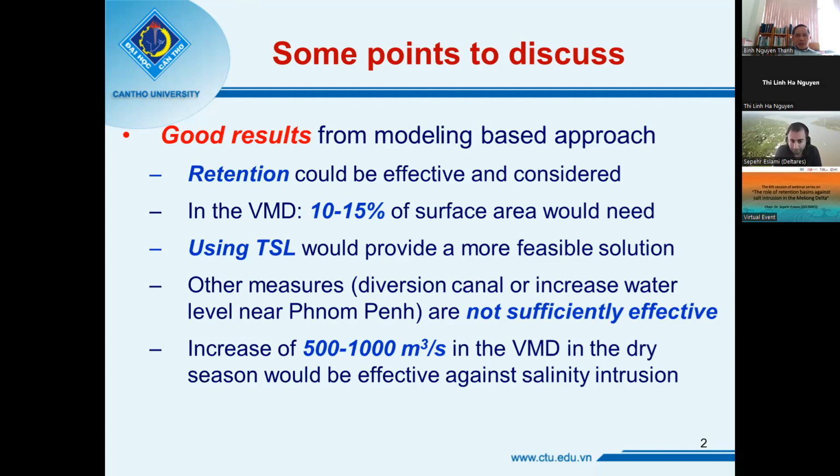And your calculation also shows that an increase of 500 to 1,000 cubic meters per second in the Mekong Delta in the dry season would be effective against salinity intrusion. This is a large amount. Yes, exactly. So that is just some review from your result.